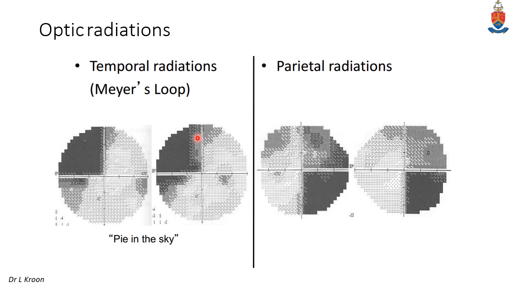This example was from a right temporal lobe lesion, causing a pie in the sky defect here in the upper left side in both eyes. And if the lesion is in the optic radiations, the visual field defect will be below, inferiorly. Here's an example of an inferior homonymous field defect in both eyes due to a left optic radiation lesion.